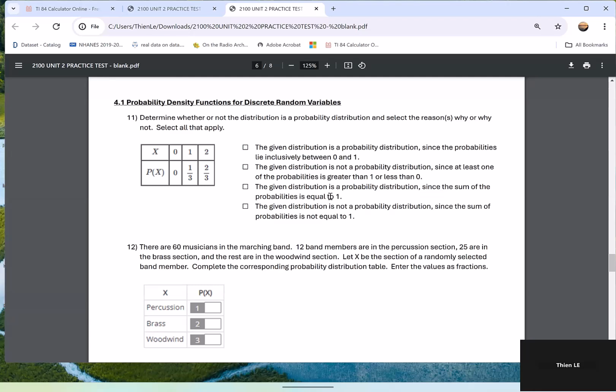So the second choice should not be correct, since it is a probability distribution. The fourth choice is also not correct. How about the first and the third? The given distribution is not a probability distribution since the probability lies, or since the sum.